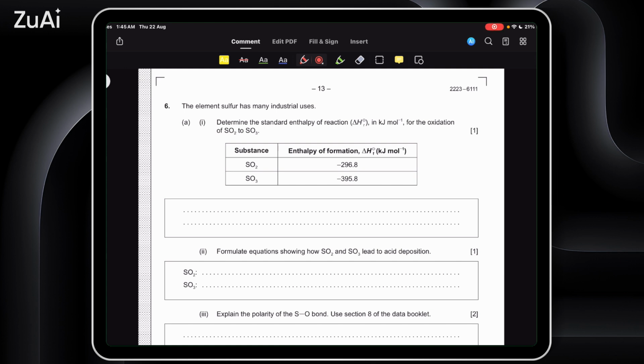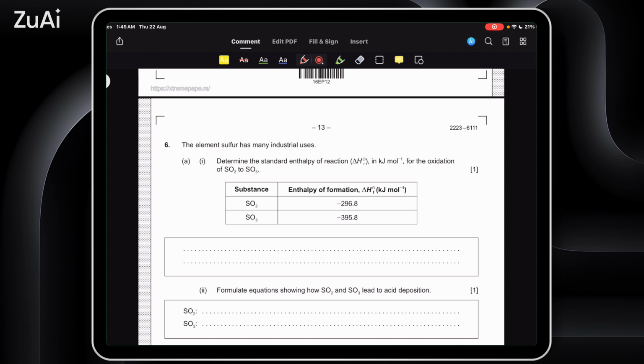Determine the standard enthalpy of reaction. So we have sulfur dioxide. Formation, we need sulfur plus oxygen.